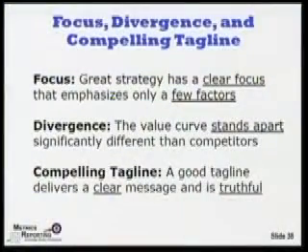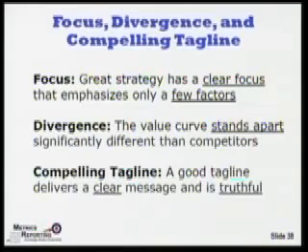So the three things we talk about, when you use this GRCC tool, you want to create a focus. A great strategy has a clear focus, and it emphasizes only a few factors. You want to create divergence: the value curve stands apart significantly from the competition. It's this line where you see, in this case, the creation of something completely new that's never been done before in the category.